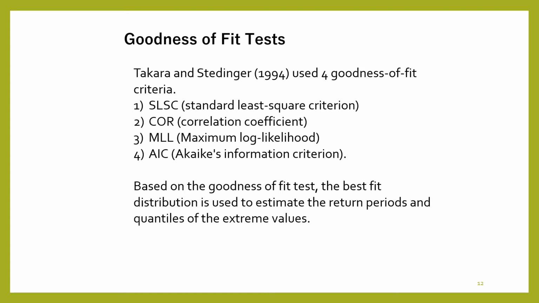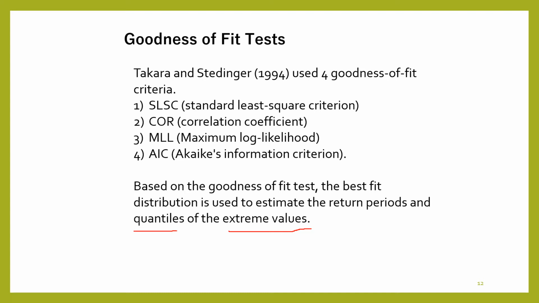The best fit distribution is used to estimate the return periods and quantiles of the extreme values. If we are working with rainfall data, extreme values means the annual maximum series, the rainfall data, and quantiles means the values of that rainfall data.